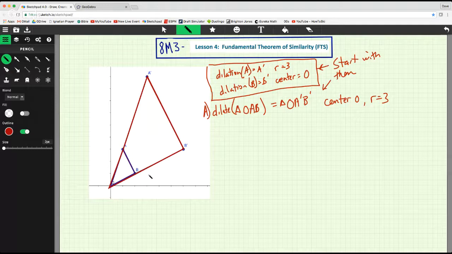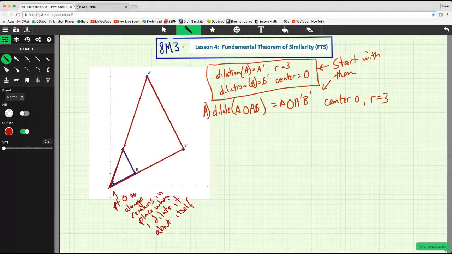Well, if I dilate point O about point O 1 time, 2 times, 3 times, point O always remains in place when I dilate it about itself.